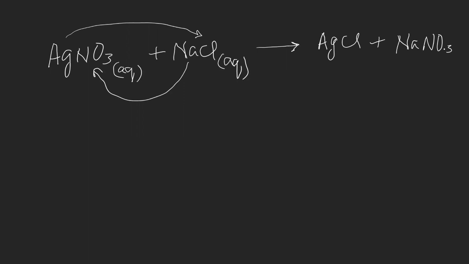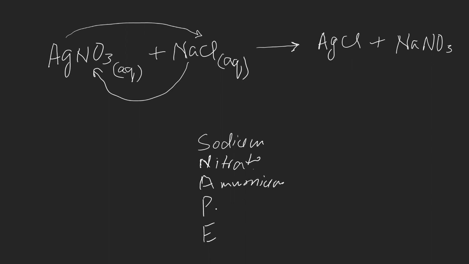But how do we know which one is the precipitate and which one is still in solution? Remember, there's a rule, we call it the SNAPE rule. Each letter is the starting point of some ion: sodium, nitrate, ammonium, potassium, and ethanoate.